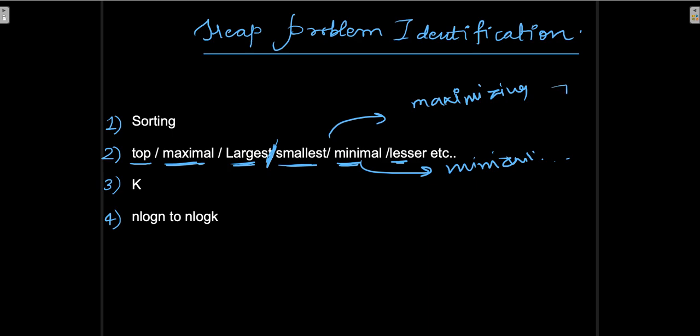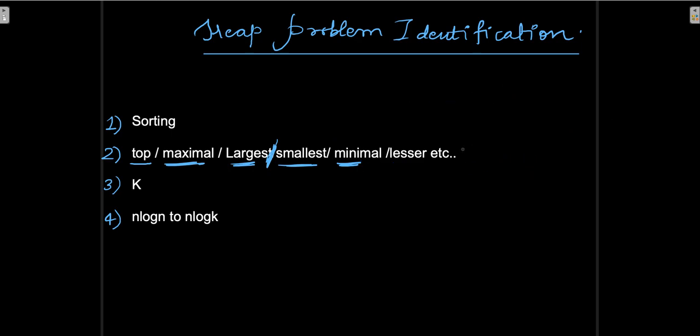One point I would like to clarify here is don't confuse it with DP, because standard DP problems also ask about maximization and minimization, and also recursion. Don't confuse those with DP or recursive approaches. You first need to think greedily. Whenever you get a problem, first think of it using a greedy approach.